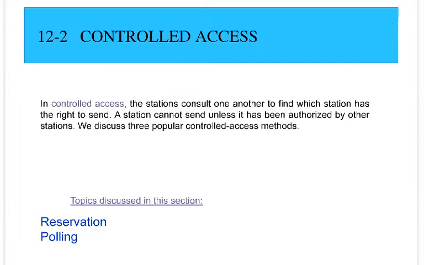Because if there is more than one person, then there is a collision. So we try to eliminate this completely. The first category is what we call reservation, or polling.